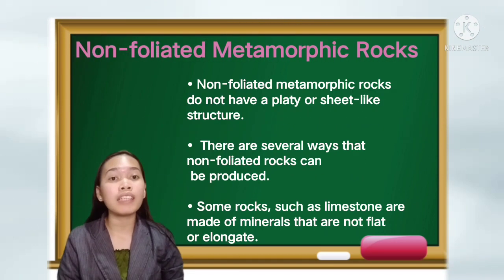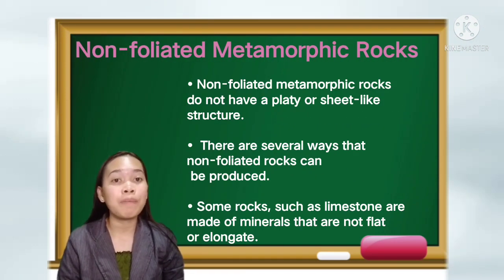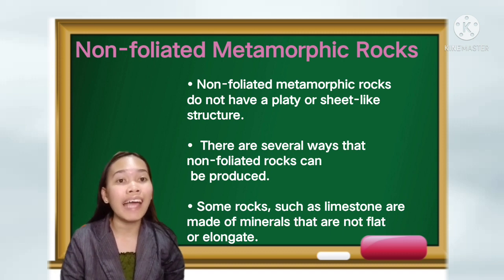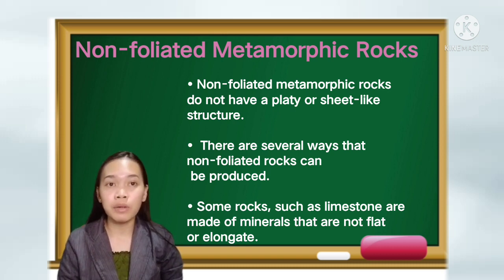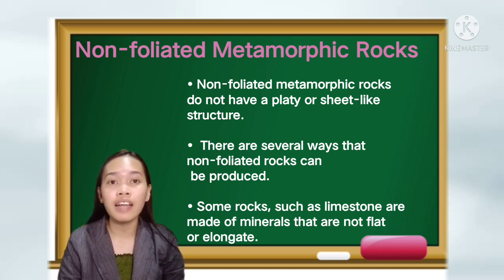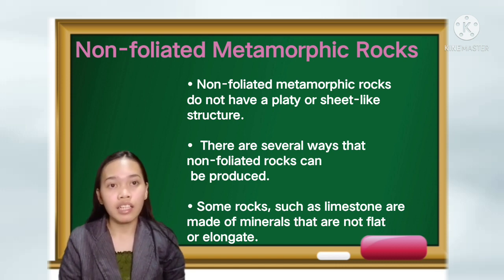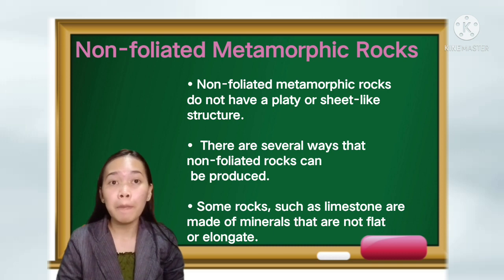Non-foliated metamorphic rocks do not have a platy or sheet-like structure, unlike foliated metamorphic rocks. There are several ways that non-foliated rocks can be produced. Some rocks, such as limestone, are made of minerals that are not flat or elongate, so no matter how much pressure you apply, the grains will not align.